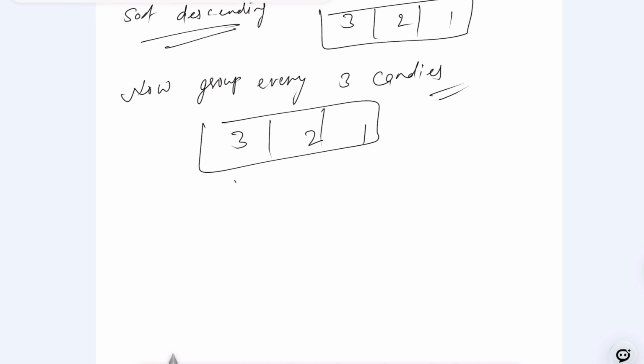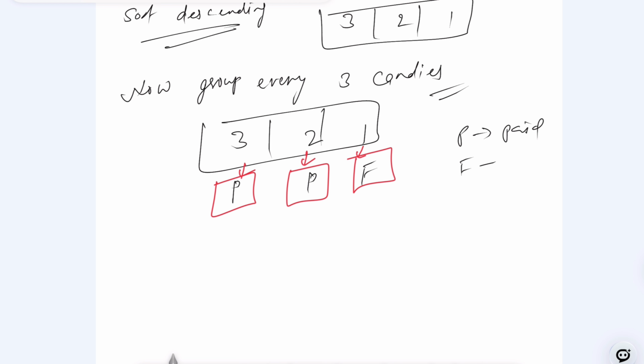So let's suppose we purchase and these you got free. Purchase and you got free for these cases, correct? We can say P for paid and F for free.